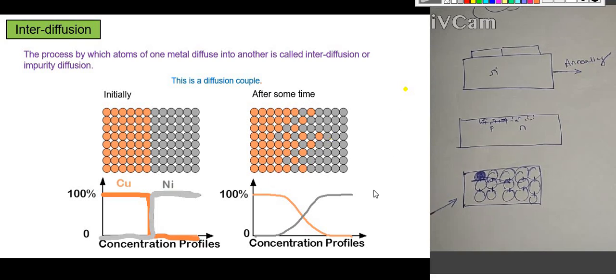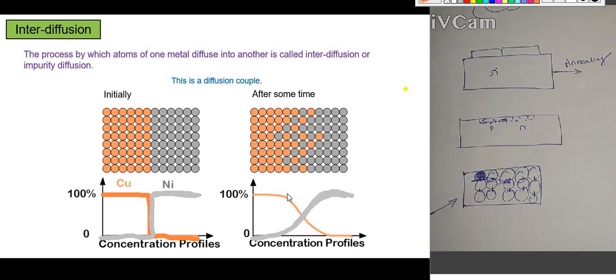And what happened to the concentration gradient? Initially it was 100% up to this point, but here we can see in the middle region the concentration is reduced gradually. Okay, initially the concentration suddenly reduced from 100% to 0, but now the concentration is reduced gradually from 100% to 0.